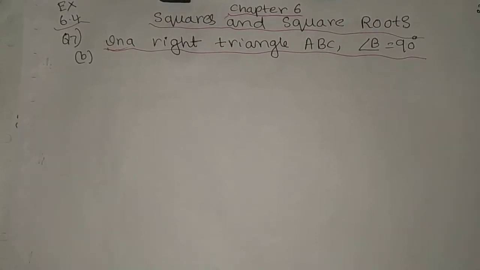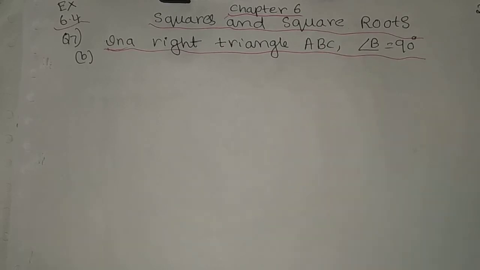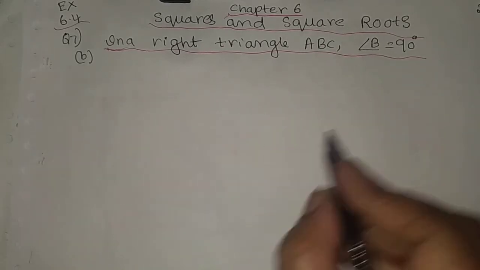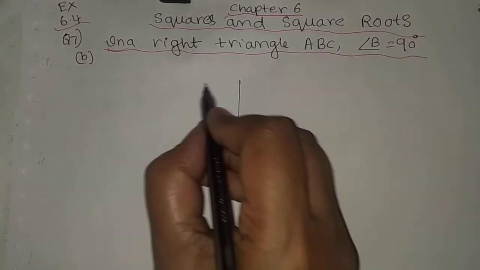So the B question is, see here, in a right triangle ABC, B is 90 degrees. That's all they have given. So we'll write down the triangle first.